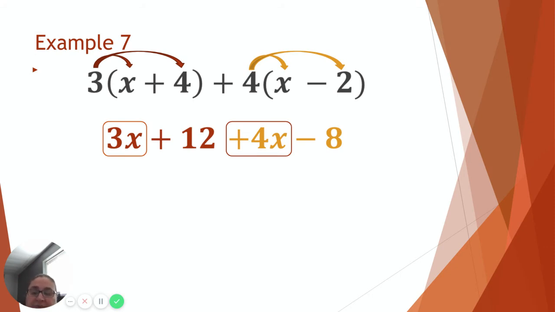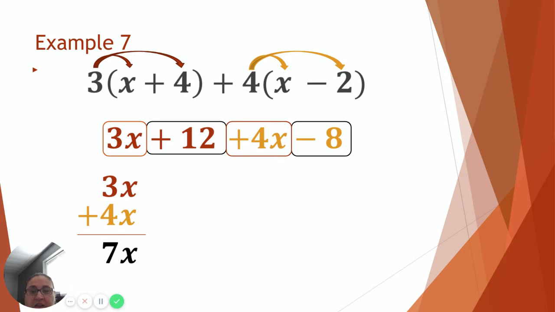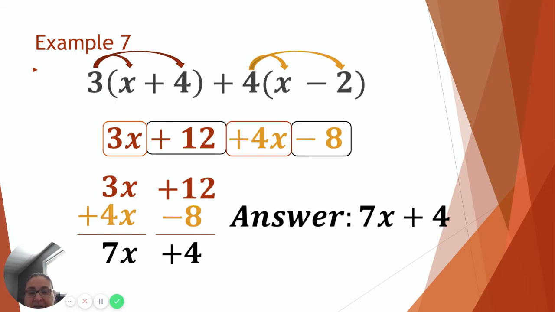So I'm going to first combine my x's. So I have 3x plus 4x, which is 7x. Then I have my constants, positive 12 minus 8, which is 4. So my final answer is 7x plus 4, because the x's and the 4 are not alike, and so they do not get combined any further.